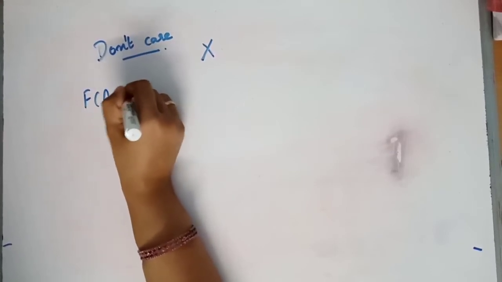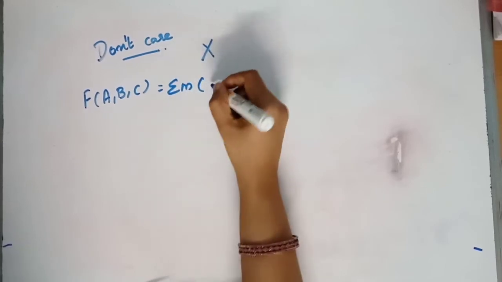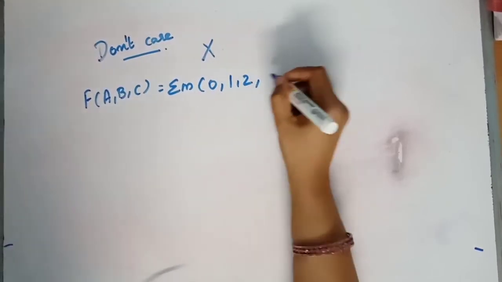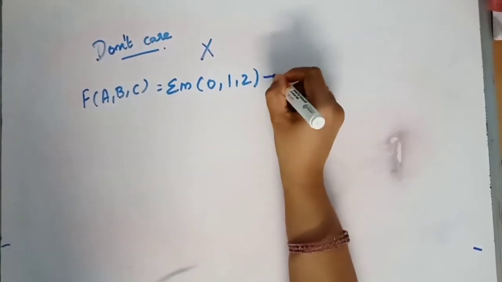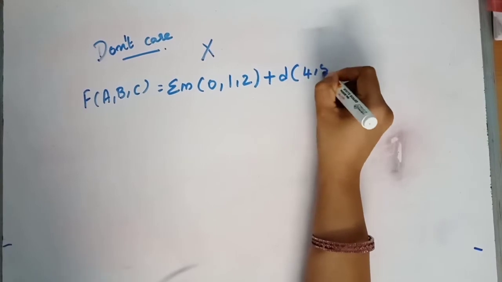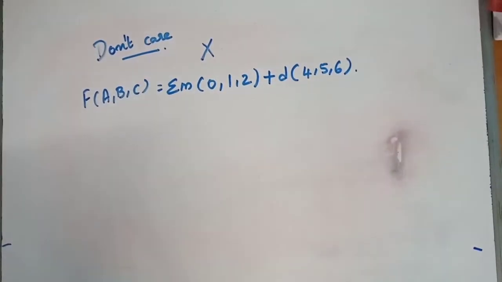So don't care is represented by an X sign, and the question will come as, suppose function of ABC equal to sigma m 0, 1, 2 plus D 4, 5, 6, something like this.